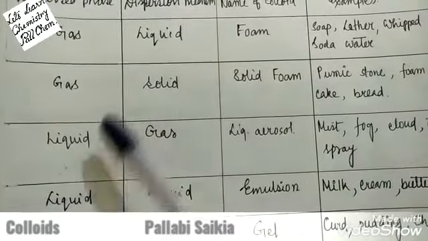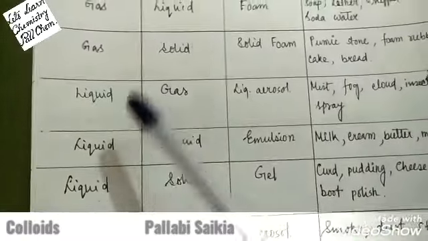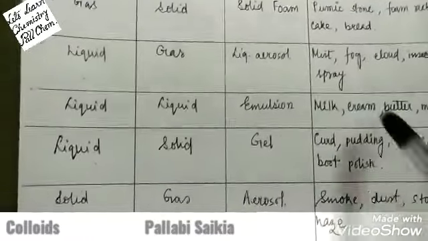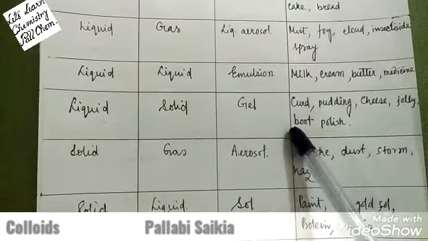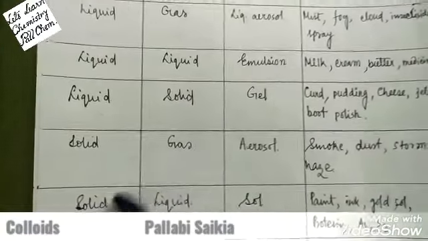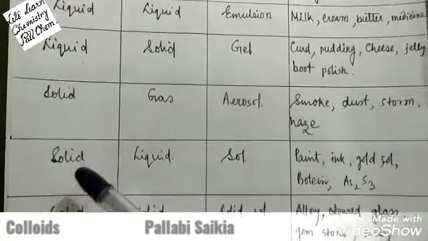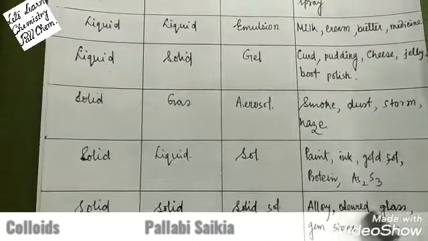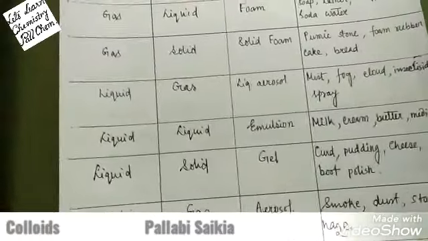If dispersed phase is liquid, dispersion medium is gas, then it is liquid aerosol. Dispersed phase is liquid, dispersion medium is liquid, then it is called emulsion. Example: milk, cream, butter, etc. Dispersed phase is liquid, dispersion medium is solid, then it is gel: curd, pudding, cheese. Dispersed phase is solid, dispersion medium is gas, then aerosol. And similarly, solid in liquid, solid in solid, these are classified. You have to remember the name of these colloids with the examples.